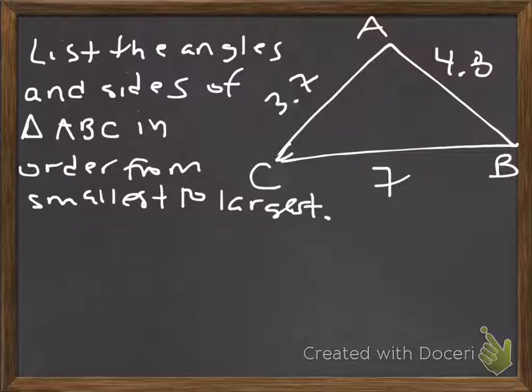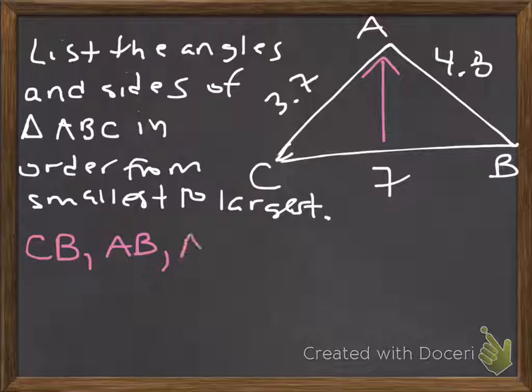So we're going to list the angles and the sides of triangle ABC in order from smallest to largest. All they've given us is the sides, so we're going to look across from the sides to get the angles. So 7 is the largest side, so that makes CB the largest side. Then we can go in order AB, 4.8, and then AC.